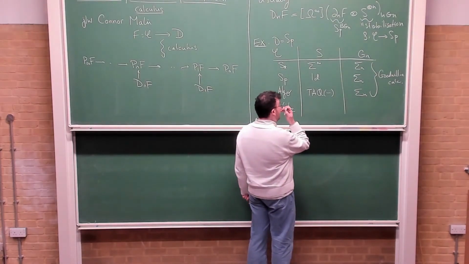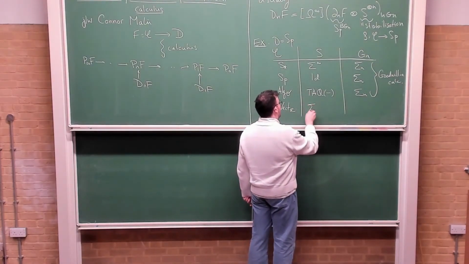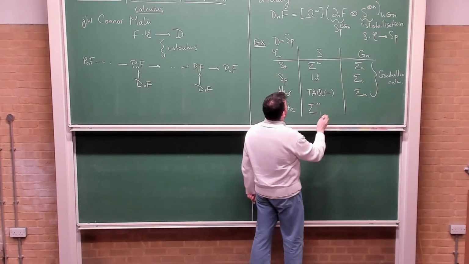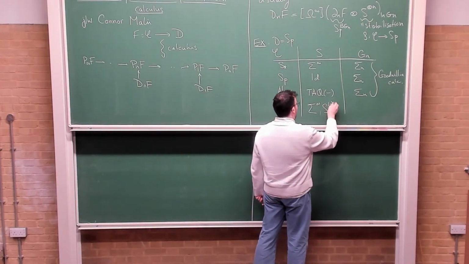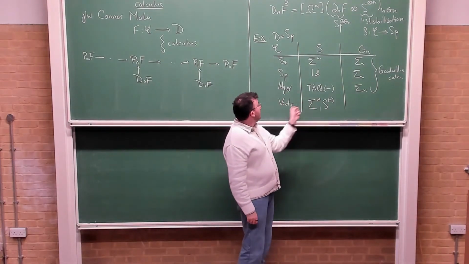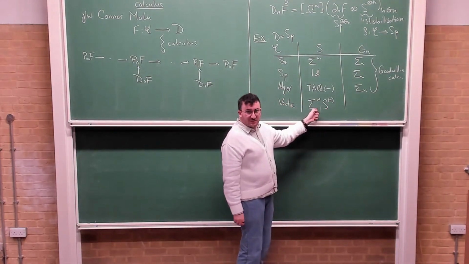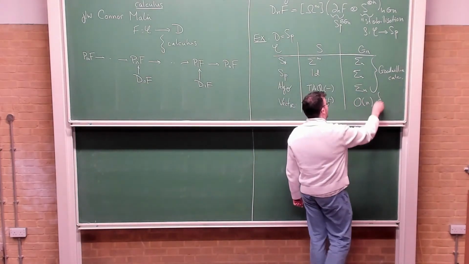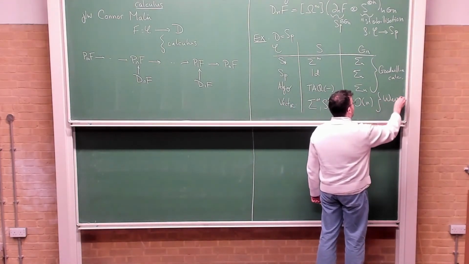In this case, the stabilization functor is the one point compactification. Right, so just take my vector space and one point compactify it to its sphere. And the group here is the orthogonal group. If you're doing this, you're doing what I would call orthogonal calculus.